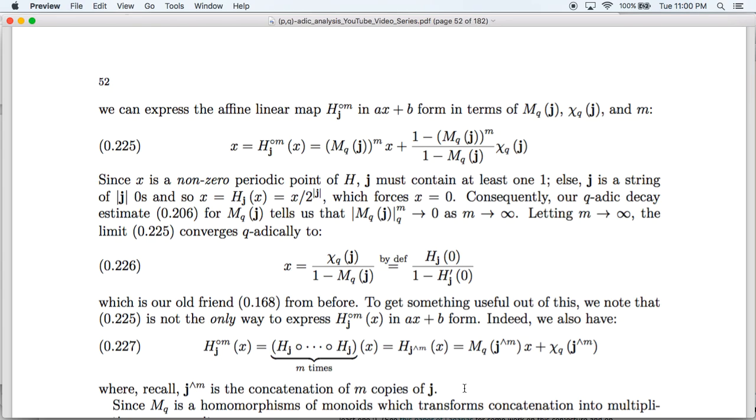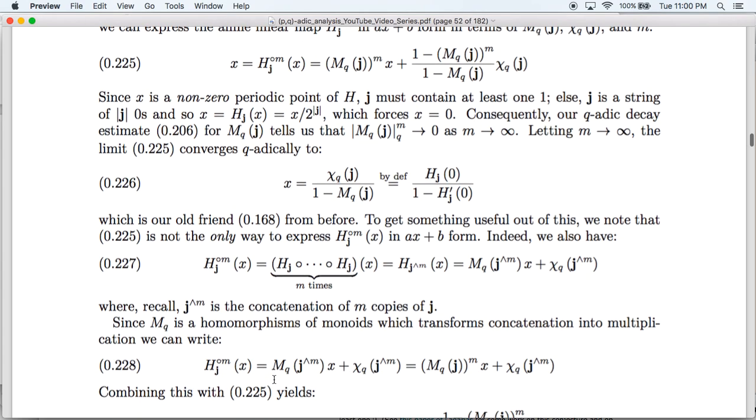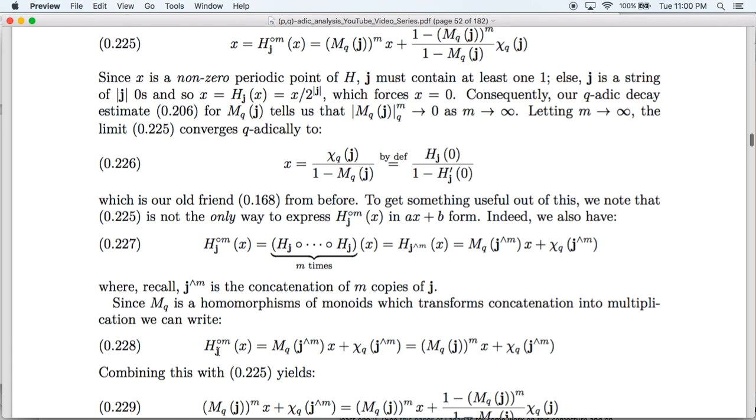And then by definition, this is mq of bold j wedge m and chi q of bold j wedge m, where recall bold j wedge m is the concatenation of m copies of j. Since mq is a homomorphism of monoids, which transforms concatenation into multiplication, we get h bold j circle m of x is equal to this.